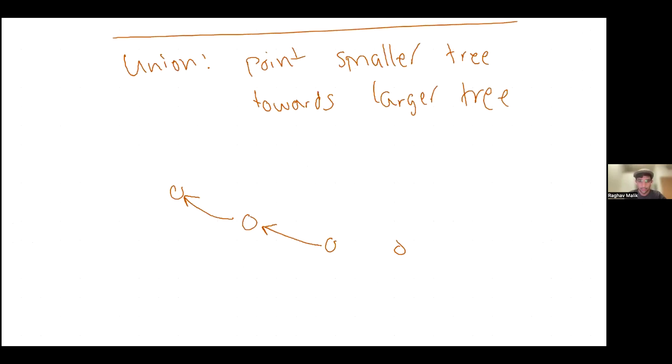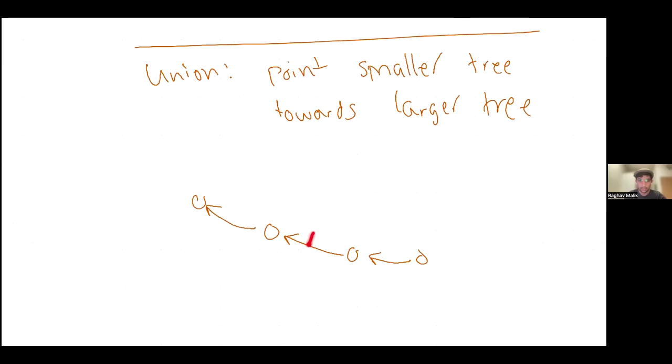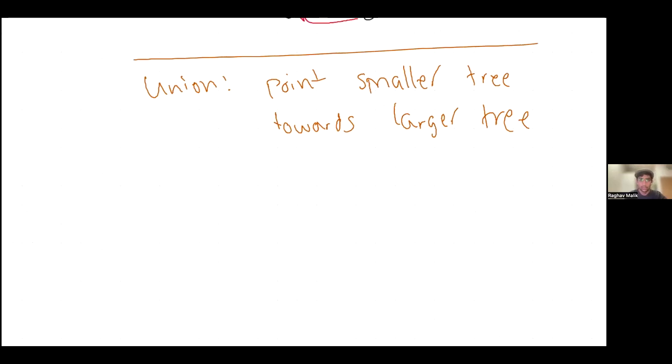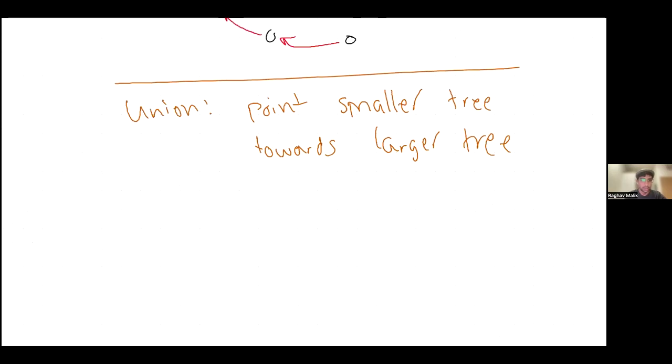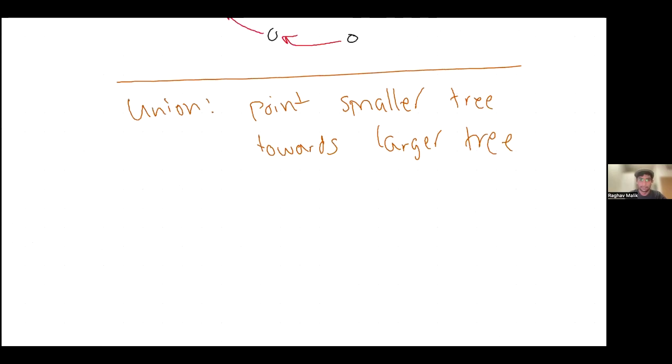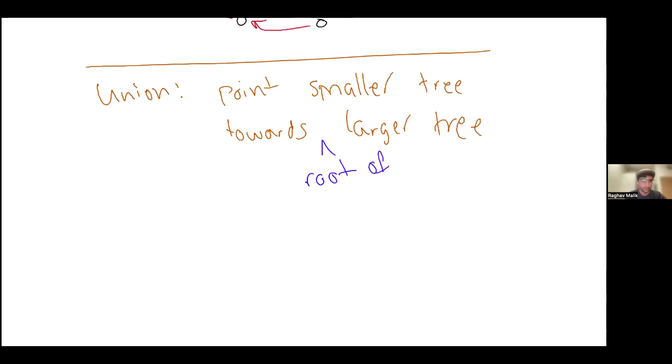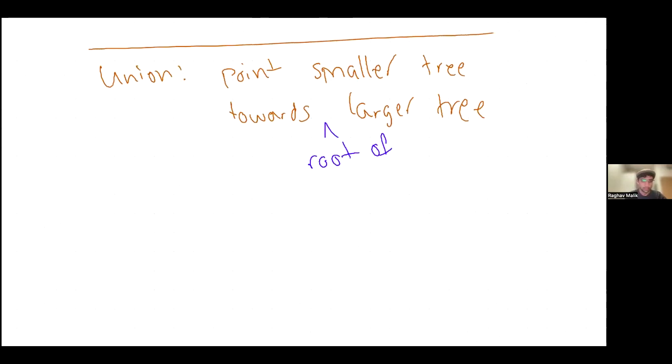Okay, I guess that doesn't really help yet. But anyway, by smaller, I mean the total number of... Sorry. We point the smaller tree towards the larger tree, but in particular, we point it towards the root of the larger tree, right?